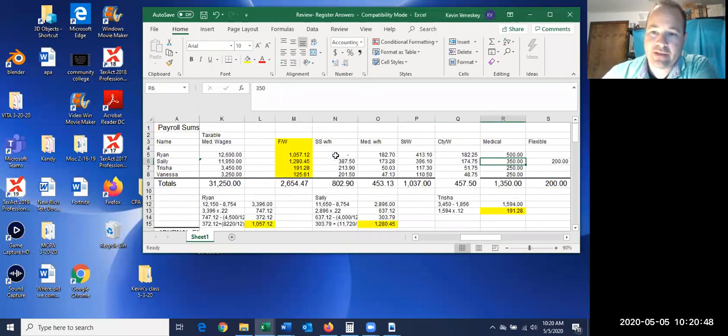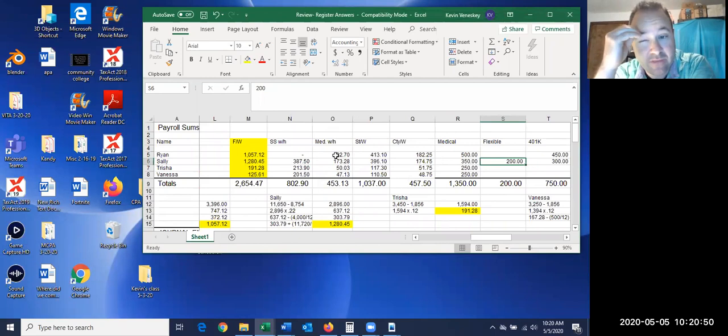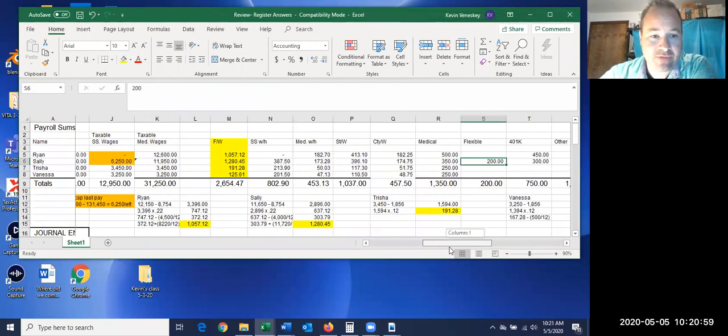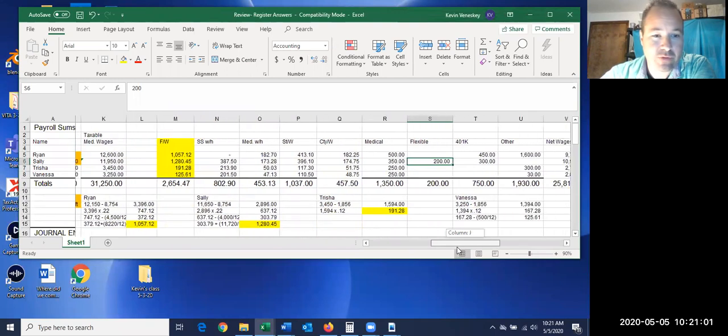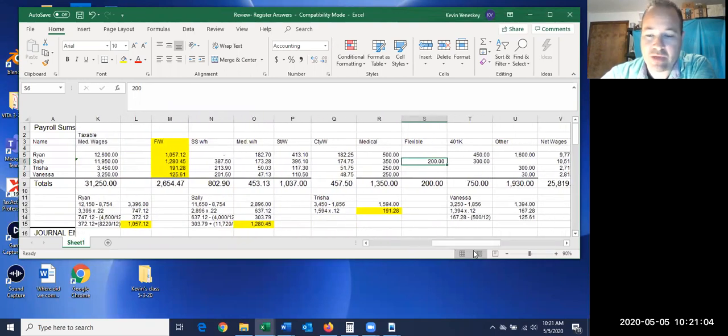Okay, let's look at the rest of the payroll register figures. And hopefully you got the same federal withholdings as I did. I always have to recalculate the federal withholdings every year, so there's a chance that I made a mistake in some of my copying. If any of these seem off to you, stop me right here so we can look at it in a little more depth. You could have made an error. I could have made an error.